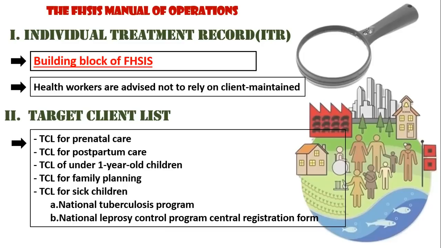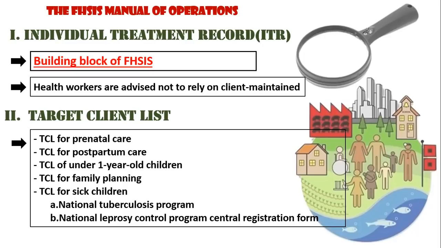So ganito lang yan, ang pinagkaiba ng ating individual treatment record and target client list. From the word, individual or the family treatment record, ang mga laman niya is yung demographic, history taking, assessment, and yung mga treatment ng pasyente mo. Pero pag target client list, ganito yan.